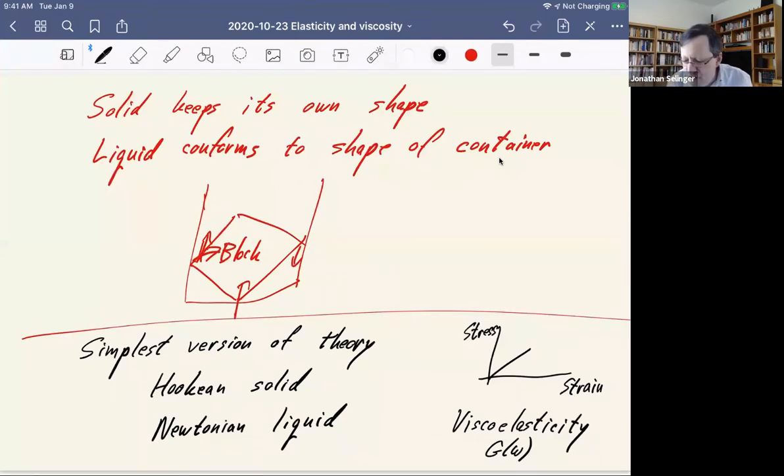But here I'm just trying to give you the basics that have to do with the distinction between solid and liquid. And that is something which I will continue on with on Monday, so that we can try to make a simple idea of how you can have a non-crystalline solid.